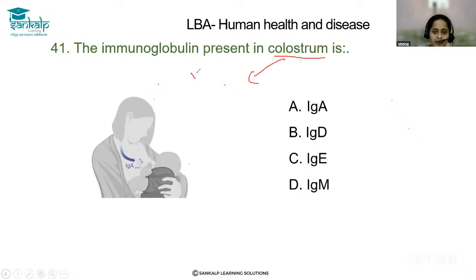This is yellow color milk produced from the mammals. Okay. This is the milk of the initial days after childbirth.